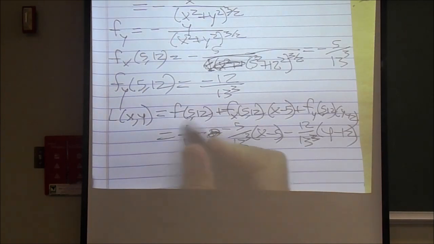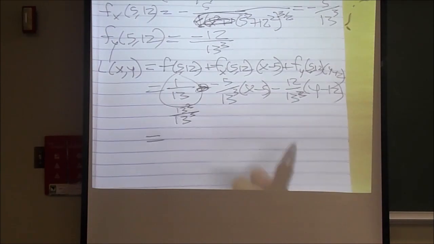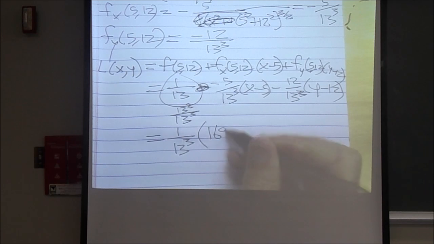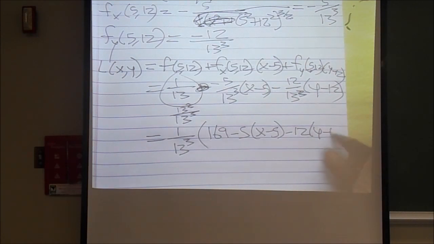I can write these all over 13 cubed by writing this one as 13 squared, or 169 over 13 cubed. And then I can write this whole thing, factoring out the 1 over 13 cubed, as 1 over 13 cubed times 169 minus 5 times x minus 5 minus 12 times y minus 12.